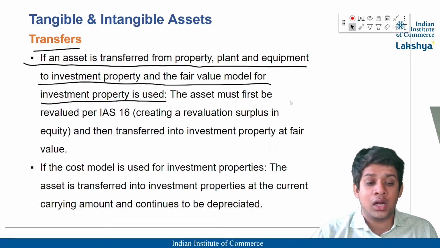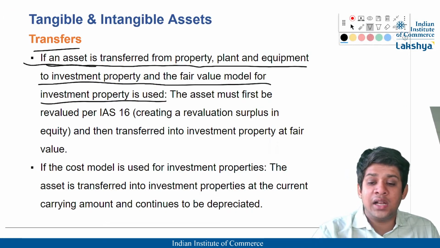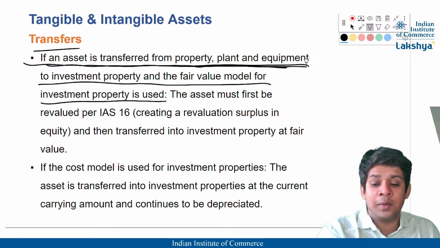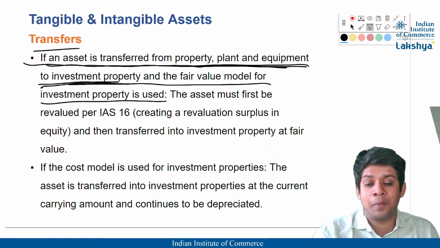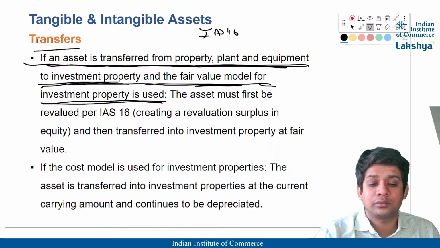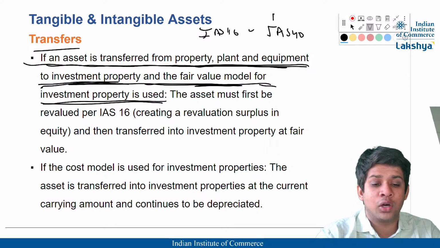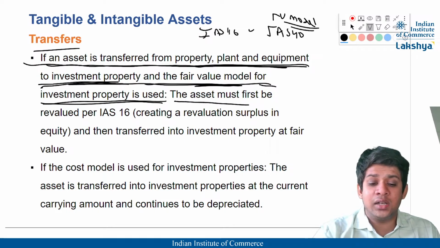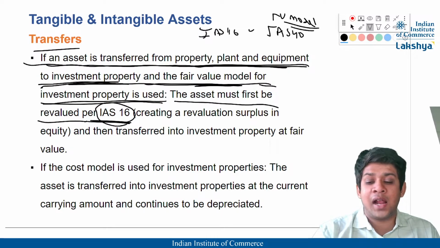So what will happen for the accounting? If an asset is transferred from IAS 16, that is property, plant and equipment, to IAS 40 investment property, and the fair value model is used for investment property, then the asset must first be revalued as per IAS 16.